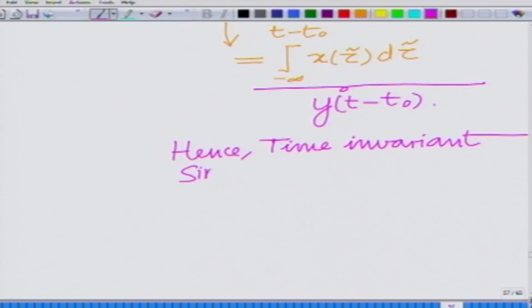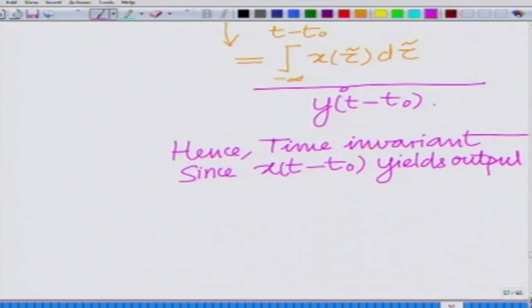Since x(t minus t naught) yields the output signal y(t minus t naught), this is a time invariant system. Okay, so this system is a time invariant system.